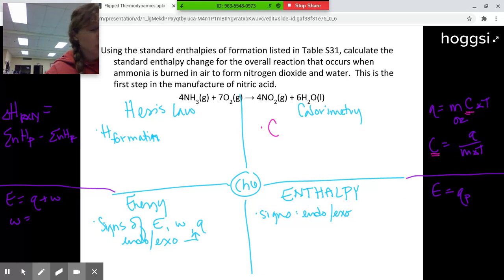For calorimetry, you should be able to deal with the 5 types of problems. So like hot water, cold water, hot metal, cold water, food. Oh, enthalpy of a salt and enthalpy of neutralization.